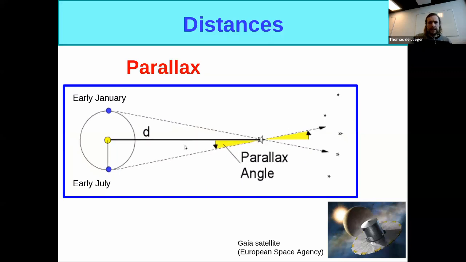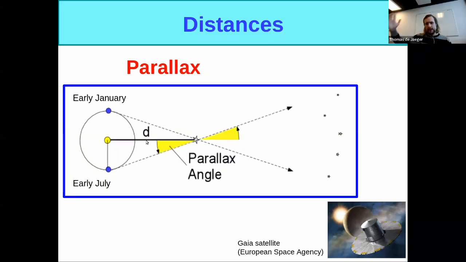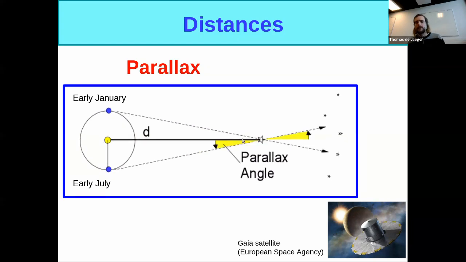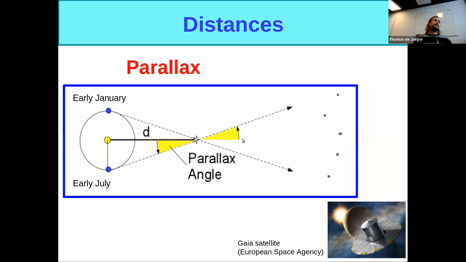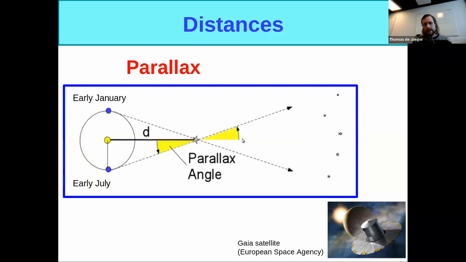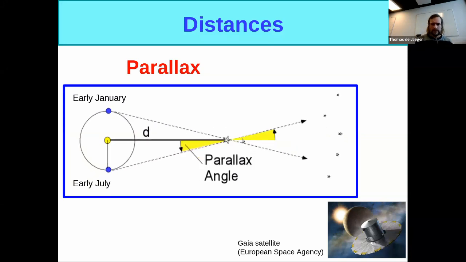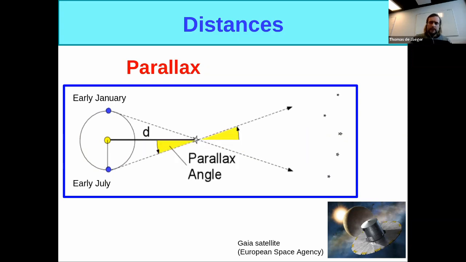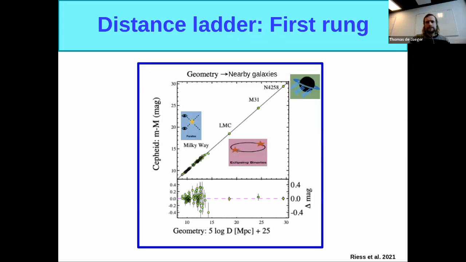But as you can see, when the distance increases, the parallax angle becomes smaller and smaller. So you cannot measure very distant objects. You can only reach some kiloparsecs. There are other geometrical distances for the first rung of the distance ladder that I don't want to detail here.